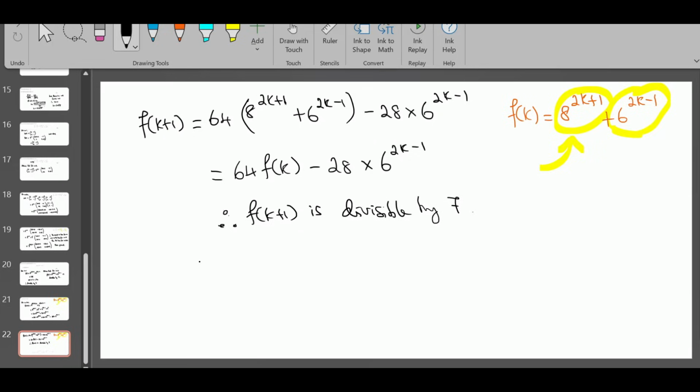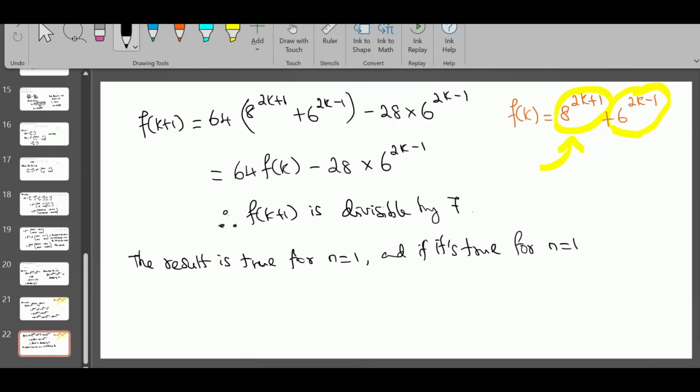You have to write the result is true for n is equal to 1, and if it's true for n is equal to k, then it's true for n is equal to k plus 1, right?